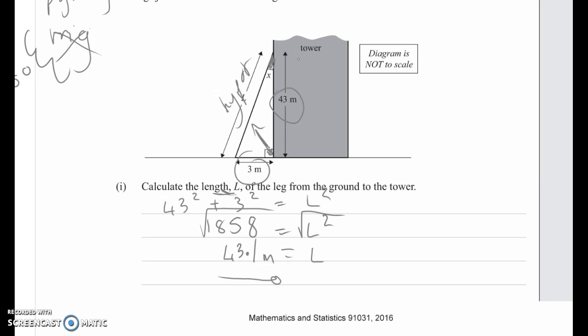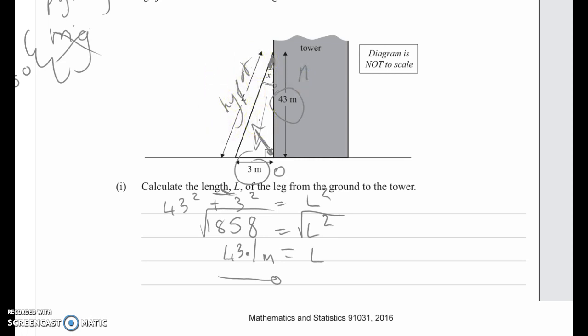Obviously sometimes it won't always work, but if we're trying to find angle X, remember we need to label our triangle in terms of this X here. So this 3 meters is my opposite, and this 43 is my adjacent or attached. It's joining to that. So that is my adjacent. I don't have to worry about my hypotenuse.